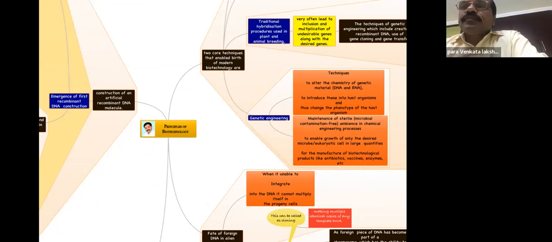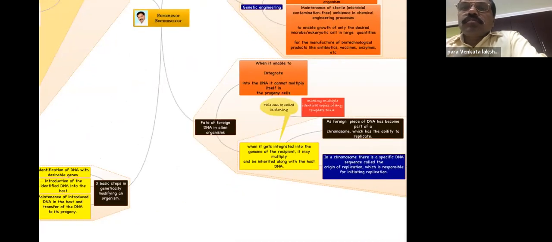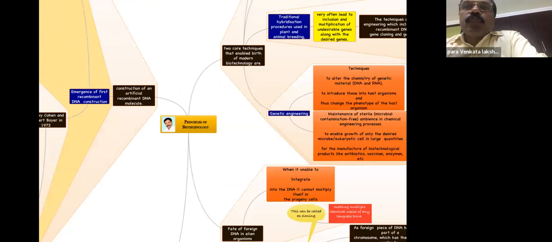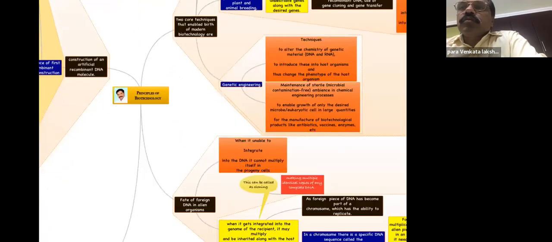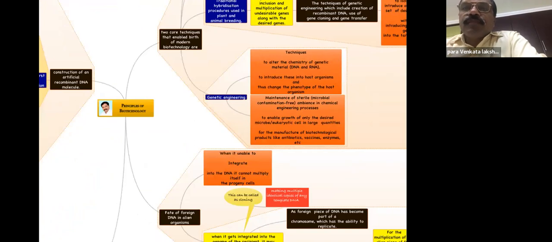See here. So in yesterday's class, we discussed genetic engineering, then the techniques, how to maintain this process microbial contamination free.